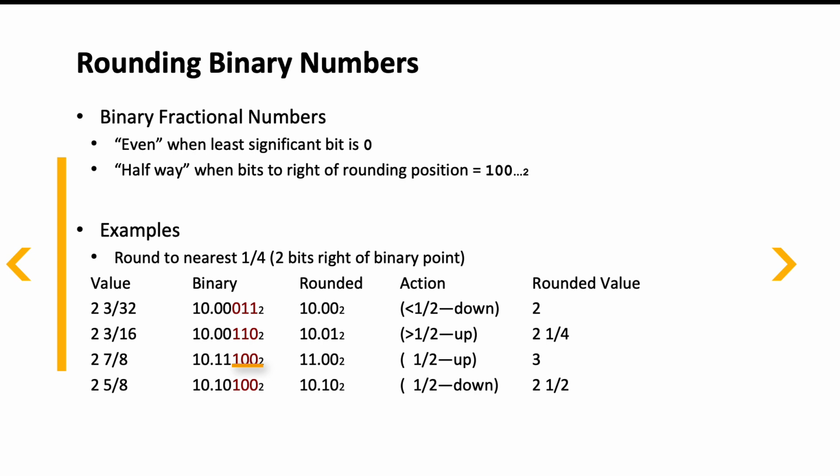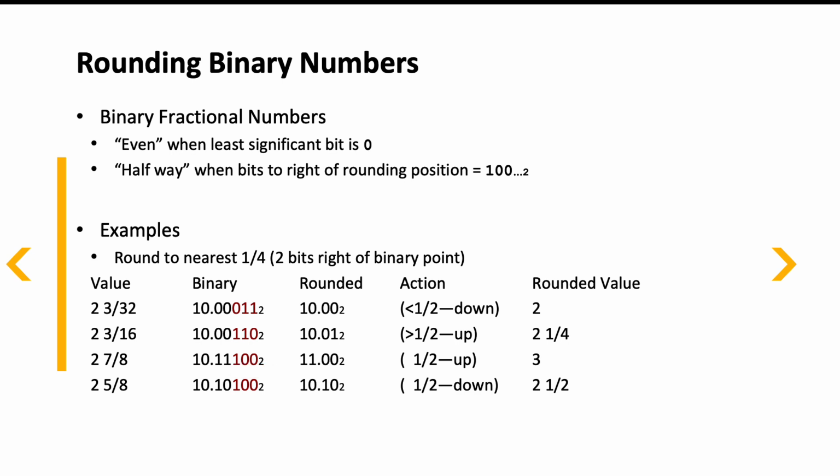Now, if we round it down, we'd end up with 10.11. Uh-oh. 1 in that least significant bit is odd, so we don't want to do that, so we'll end up rounding up, and when we do that, we add 1, and so when we do the additions and carry things over, we end up with 11.00. We've rounded up to take care of our round to even.